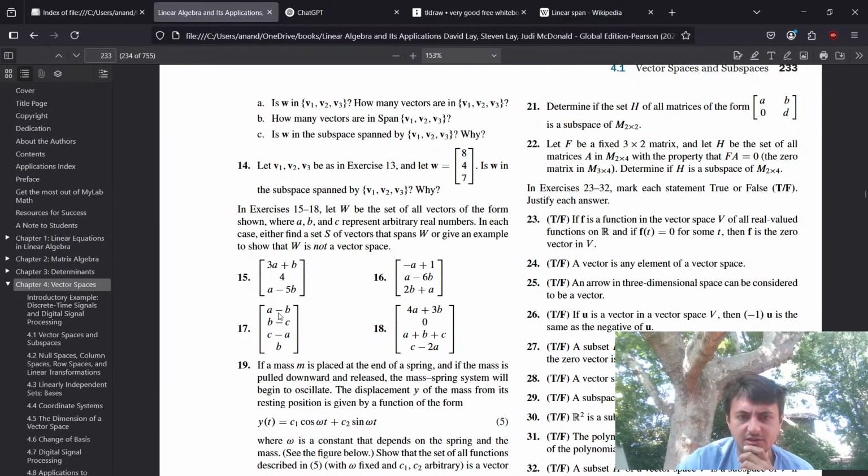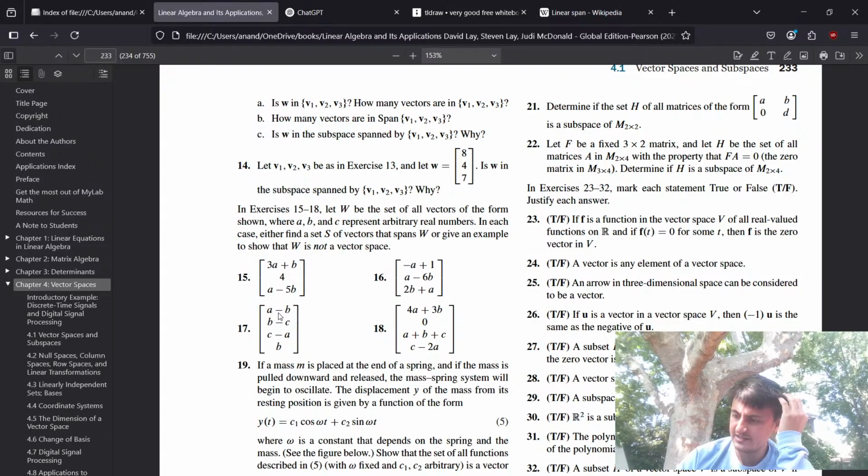This one looks like it is a vector space. So we're going to get A times (1, 0, -1, 0), plus B times (-1, 1, 0, 1), plus C times (0, -1, 1, 0), and that's it.